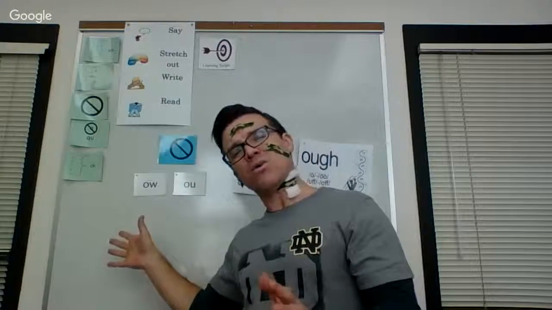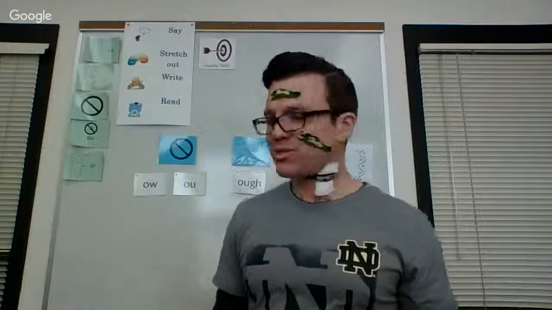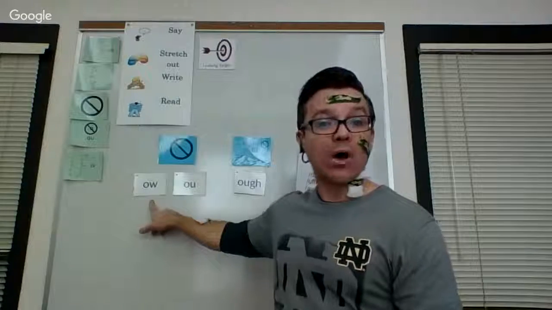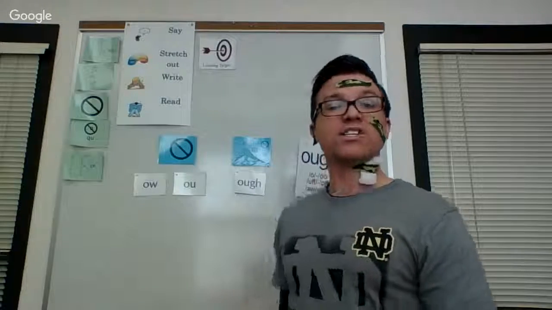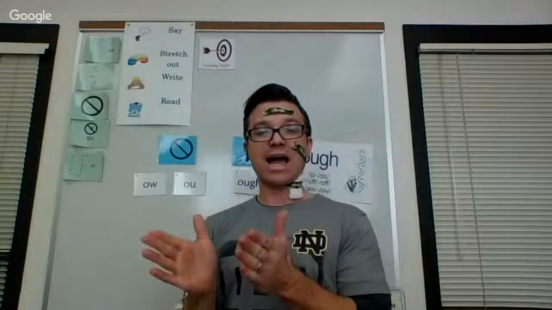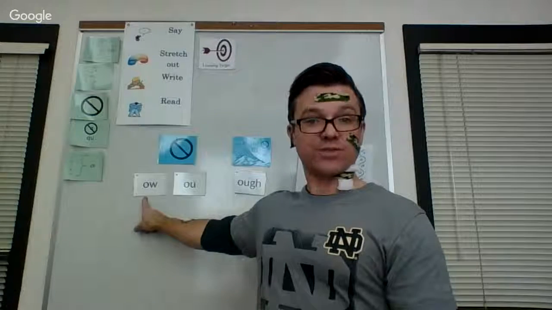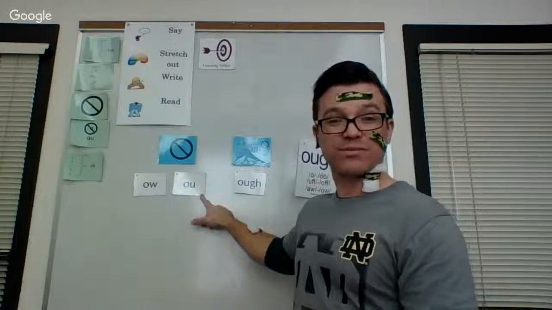Think, ow, oh, and imagine Mr. Slade on the floor with that hamster crawling all over him, biting him, scratching him. Yeah, and then you think, ow, oh, okay? So when I see OW, I think ow and oh, and it may be used at the end of an English word. Now there's this one, okay?